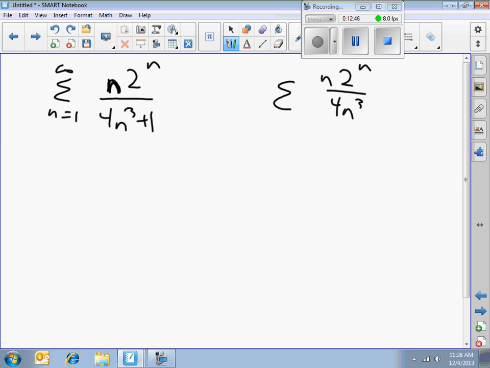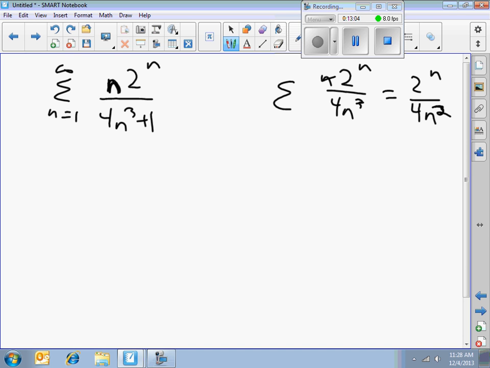Well, I am going to reduce this one, because that n will cancel out with the n on bottom: 2 to the n over 4n squared.